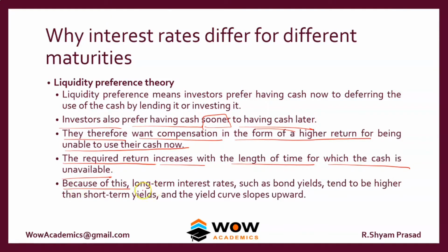Because of this, long-term interest rates such as bond yields tend to be higher than short-term yields, and the yield curve slopes upwards. So it is purely on the basis of liquidity. So people want more liquidity, and liquidity is given more preference. The higher the liquidity, the lower the interest rate, and the longer the period of loan, the lower the liquidity, hence the higher interest.